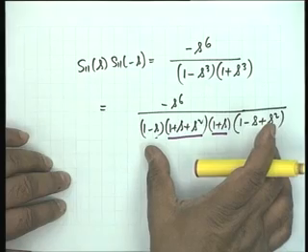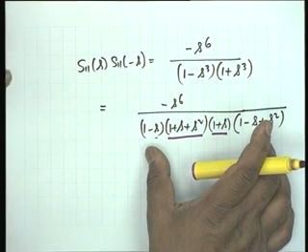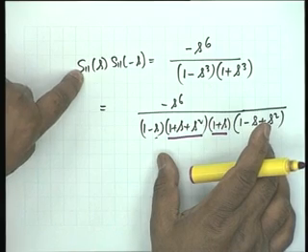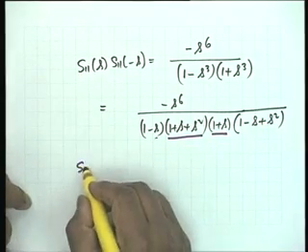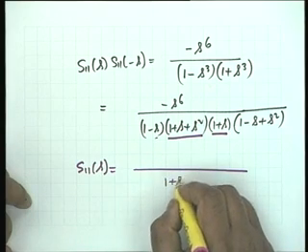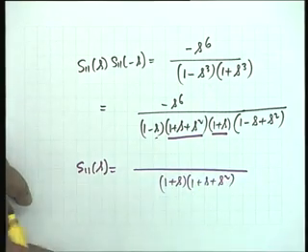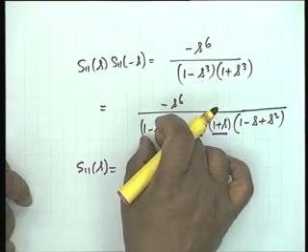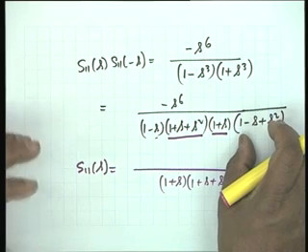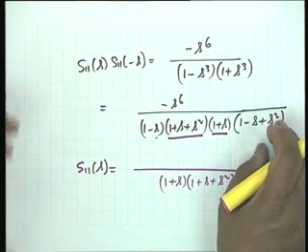In the denominator, you look at those factors which create a left half plane pole of S11. And therefore, for S11 of S, our choice should be 1 plus S multiplied by 1 plus S squared. Is that clear? The other factors, 1 minus S and 1 minus S plus S squared, obviously should go to S11 of minus S.